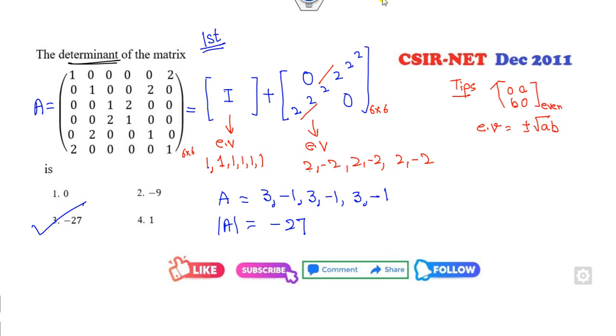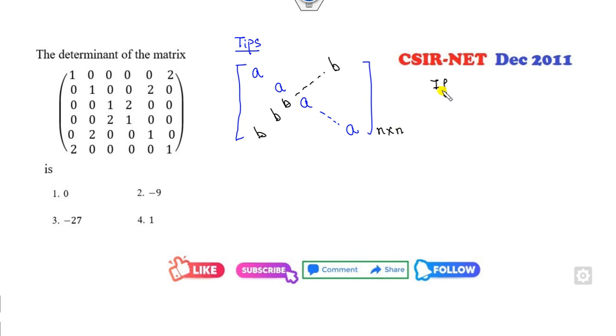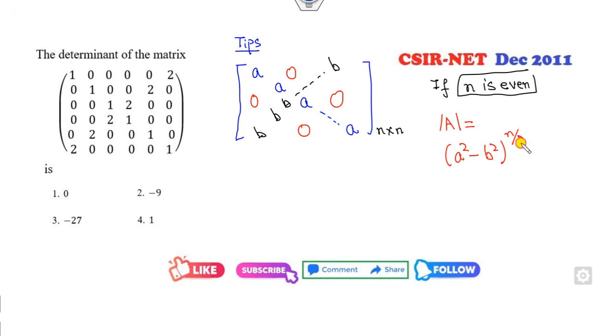There is one more method. The second method: always remember what I already gave you in my rank lecture. If you have a matrix A with a on the diagonal and b everywhere else, and this is n cross n, where n is even, then the determinant of A is a square minus b square raised to the power n by 2.